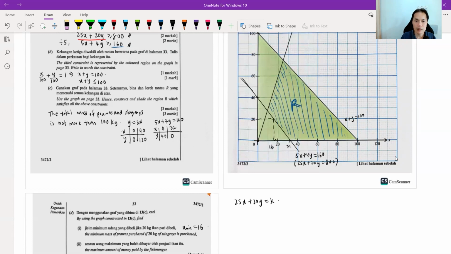So let's draw a line that is parallel to it. I need to move this line up such that it gives us the largest y-intercept. Remember, the larger the y-intercept, the larger the value K.